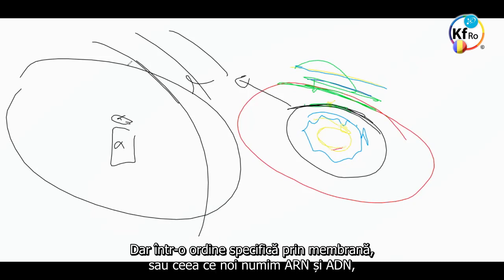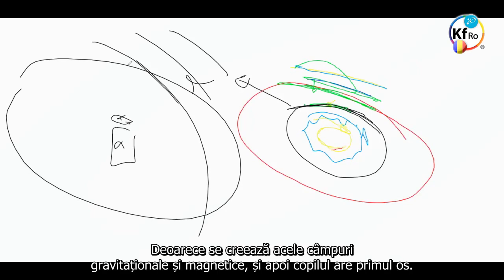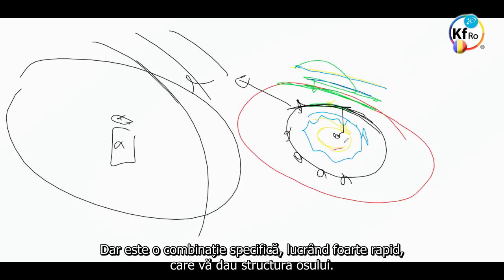But in a specific order, through the membrane or what we call RNA and DNA, it allows the creation of the structure of the first bone, because it creates that gravitational magnetic field. Then the child has the first bone. There's no difference between the shell plasma, which created the eggshell, or the bone of the chicken in the middle. But it's a specific field combination working very rapidly that gives you the structure of the bone.